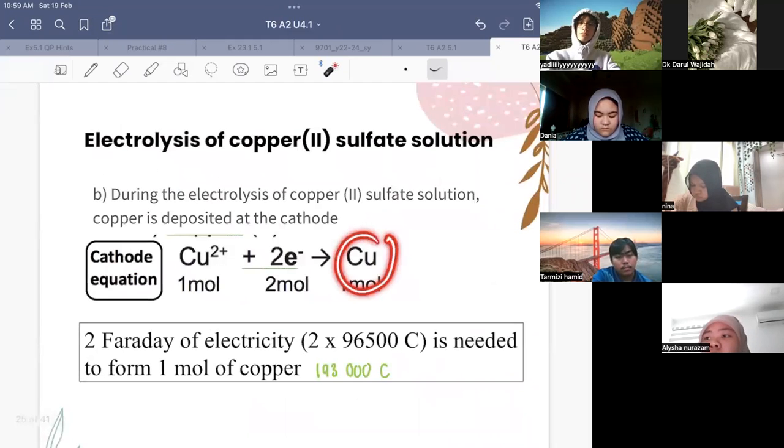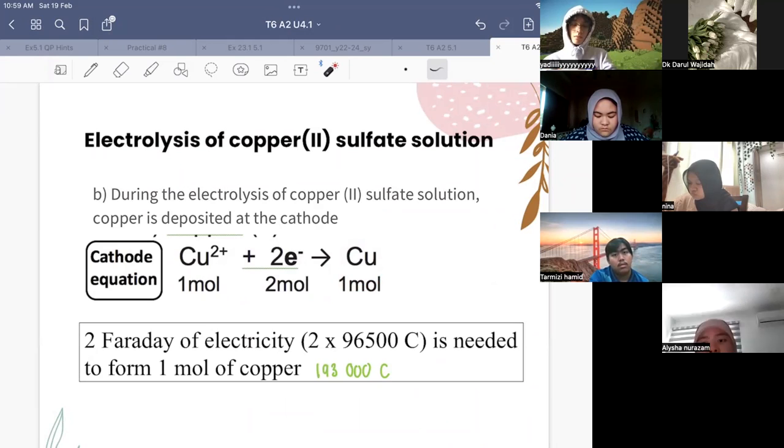Copper solid, you can measure by taking the initial mass of the electrode, which is your cathode, and the final mass of your cathode. Initially you don't have anything forming on your electrode, but at the end of the electrolysis, you will see that your electrode has increased in mass because there is now some copper solid coated around your electrode.